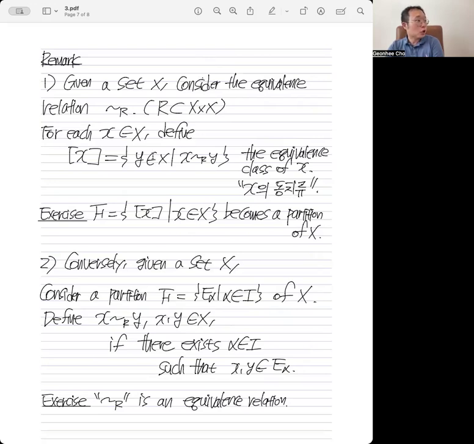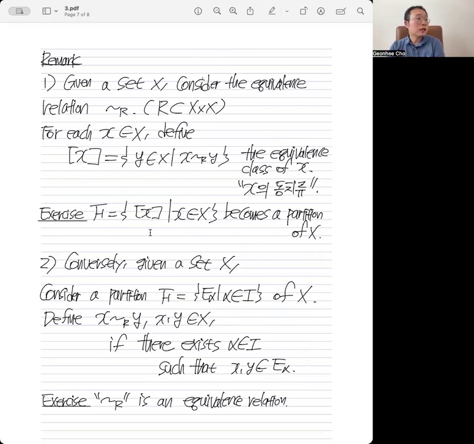And you can show that the collection of equivalence classes becomes a partition. To think about why this must be the case, it's very important to look at concrete examples to see why this is natural.